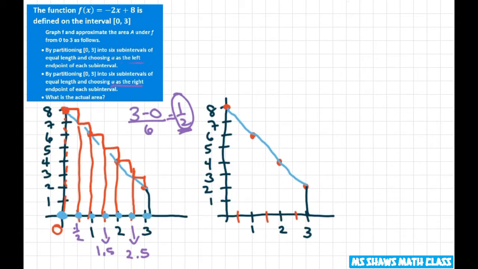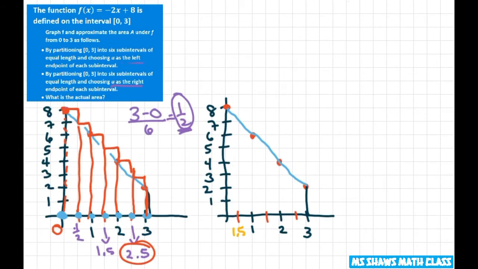So we only need 6 endpoints. Let me write this down here too. We need 6 endpoints. That's why we're using 0 as the endpoint, and we're only going to go from 0 to 2.5.